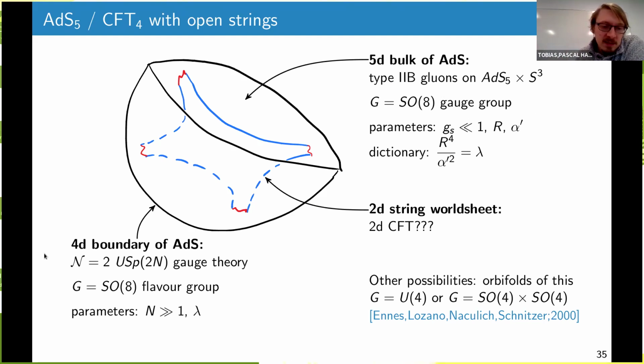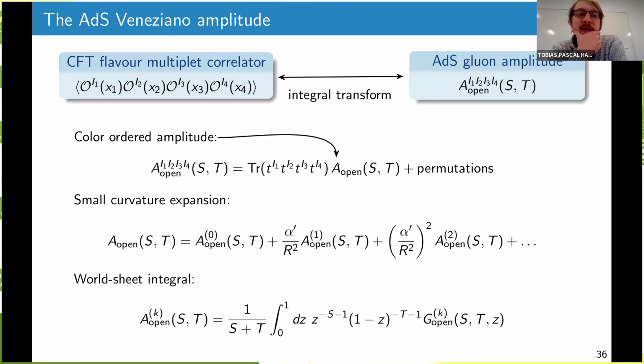The boundary theory is now an N=2 USp(2N) gauge theory with flavor group G. There are also some other possibilities where the group would be instead U4 or SO4 plus SO4, but it seems we get the same result for these cases because these are just orbifolds of this main example. In this case, the CFT correlator is the correlator of an operator from the flavor multiplet.